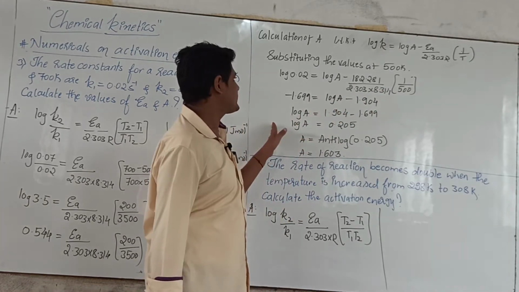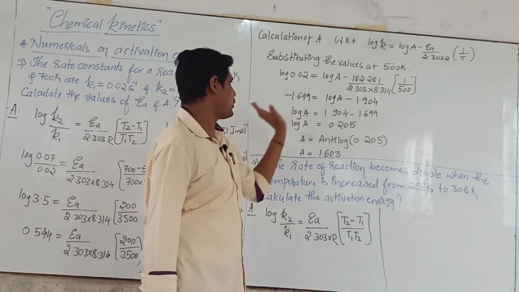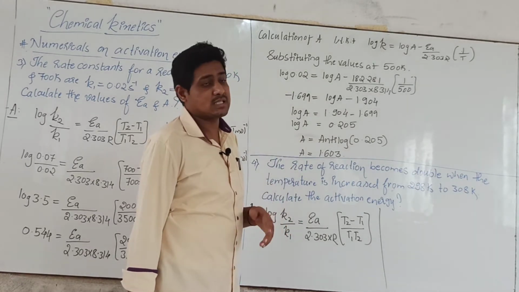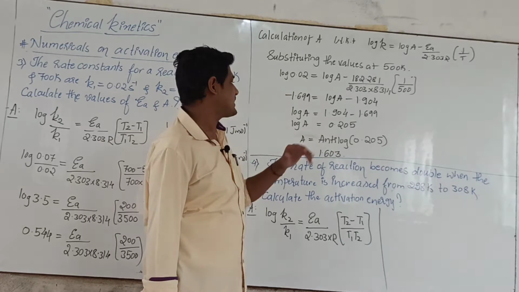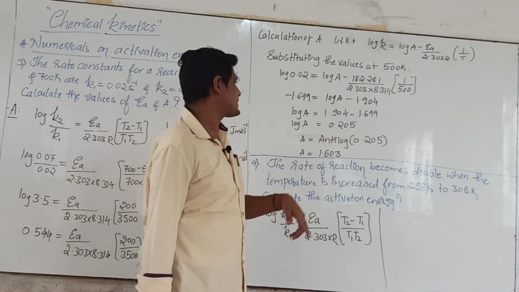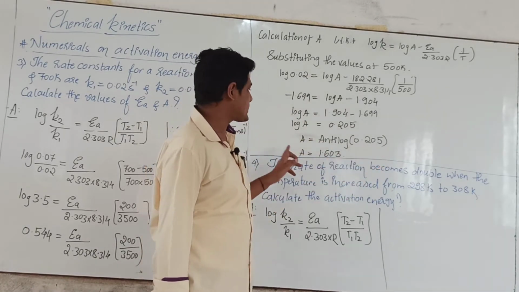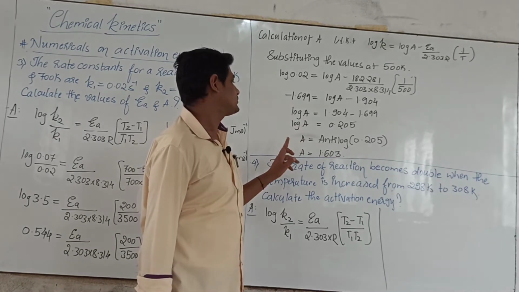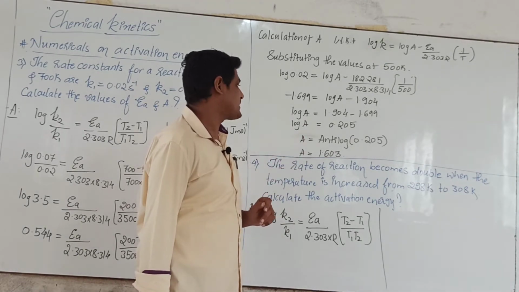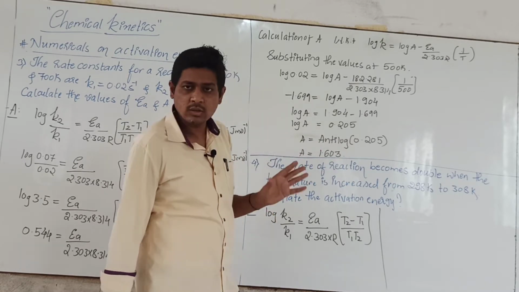So log of A is equal to, taking this to the other side, it will become positive: 1.904 minus 1.7. So we get log of A equal to 0.205. Take the antilog, so A is equal to antilog of 0.205. So the frequency factor or Arrhenius constant value is 1.603. It has no unit, as it's a constant.